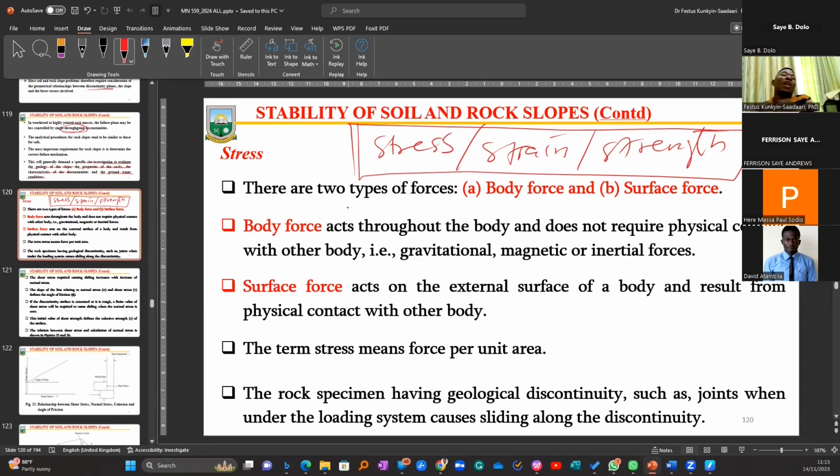The body one is the one within you, without any other external forces. And the surface ones are the external ones that come to join hands with the body ones to torment your life. And so the term stress takes the same definition, force per unit area. In other words, somebody will say it's like pressure.